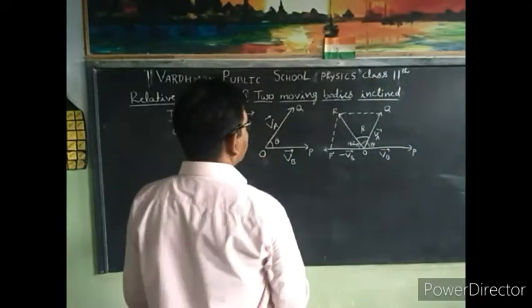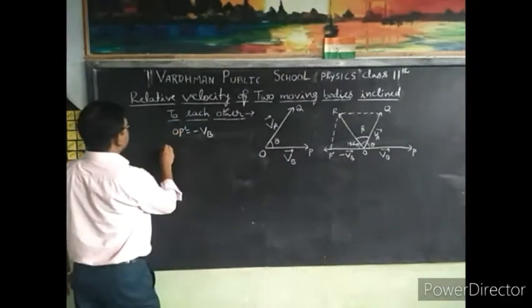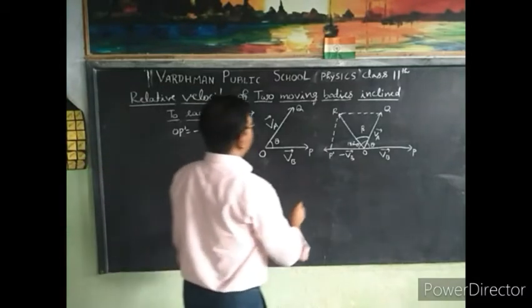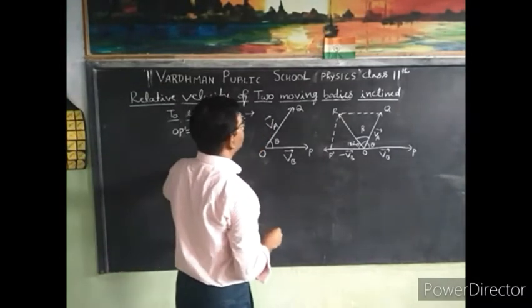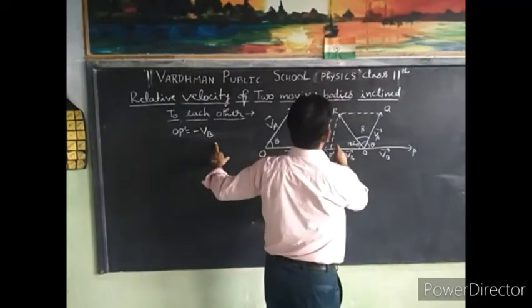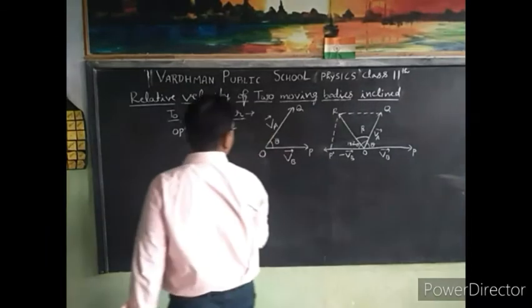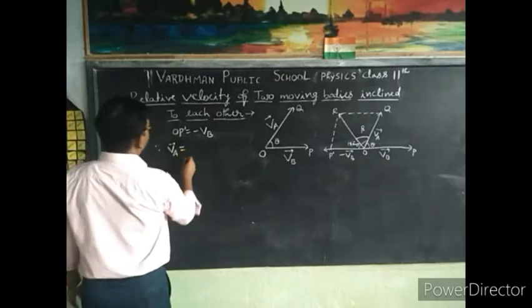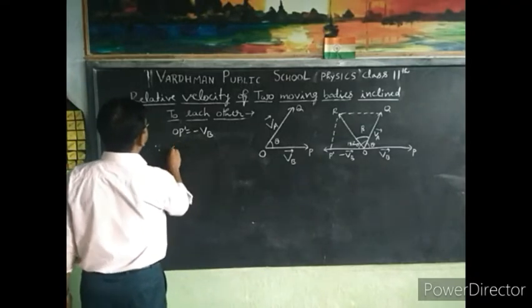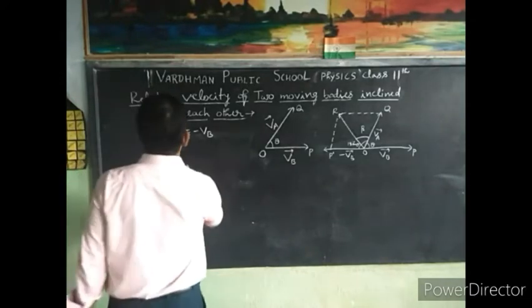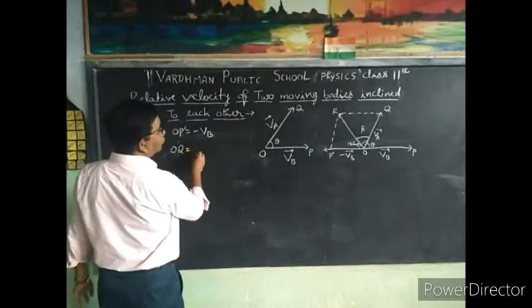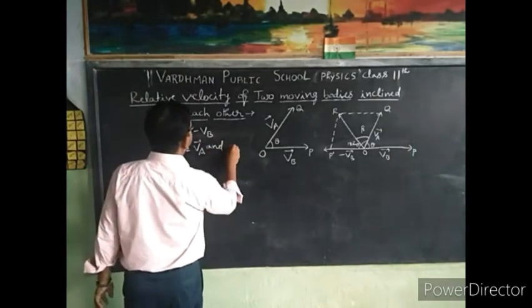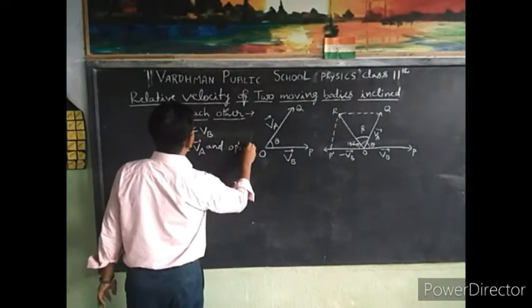Thus the relative velocity of A with respect to B is given by the diagonal.